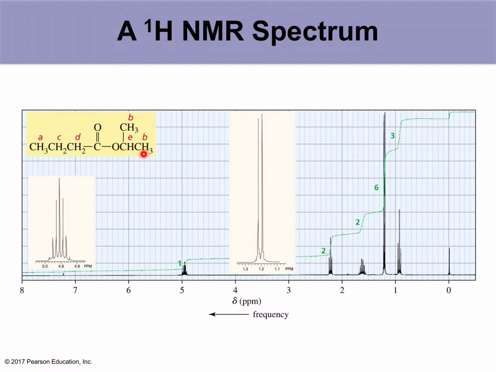So n plus 1 rule, 6 plus 1, 7. So this hydrogen would split into 7 peaks. So you can see that 7 here: 1, 2, 3, 4, 5, 6, 7 at 4.9. Okay, that's how you look at the peaks for this molecule.